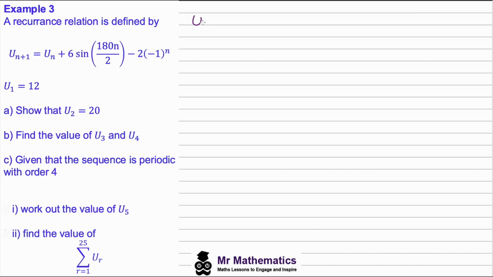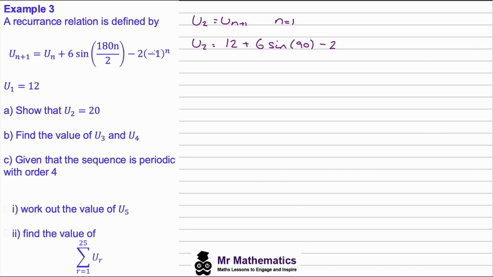Okay, so I'll come back if you had a go. So to work out U2, this will be where n will equal 1. So we'll have U1 plus 6 lots of the sine of 180 times 1 over 2, so the sine of 90, minus 2 lots of negative 1 to the power of 1.